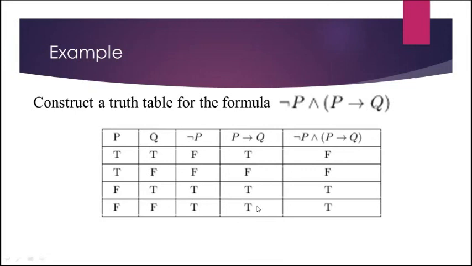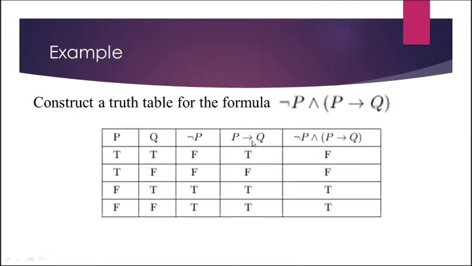Next, we're going to answer the formula: negative P and P implies Q. When we use the AND statement, it is true only when both statements are true. So, our basis is column 3 and column 4.